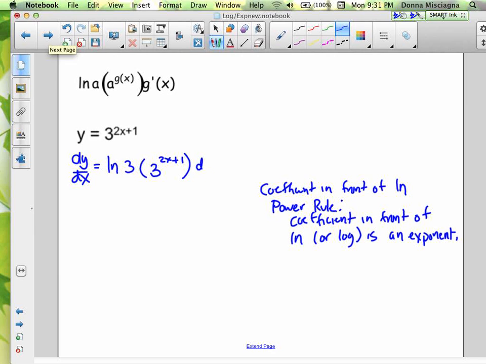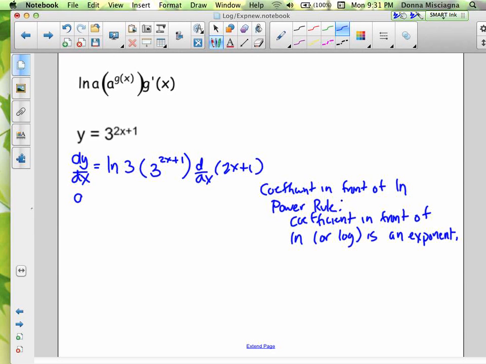We're going to take the derivative of 2x plus 1. That would be the power rule, a different kind of power rule than what's mentioned there. This is the power rule for derivatives. So derivative of 2x plus 1, that's just 2.